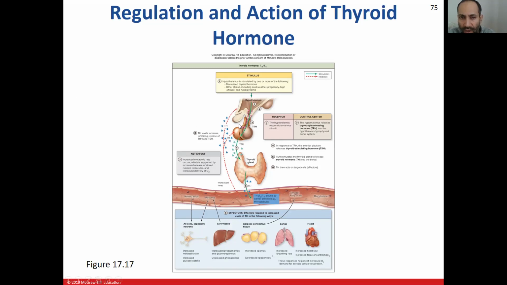And what type of stimulation is this? Hormonal stimulation again. And then TSH goes down to your thyroid gland in your neck and causes your thyroid gland to secrete T3 and T4, right? So three-ring circus. First level, from hypothalamus to pituitary, then from pituitary to thyroid, and from thyroid to the rest of the body, right?